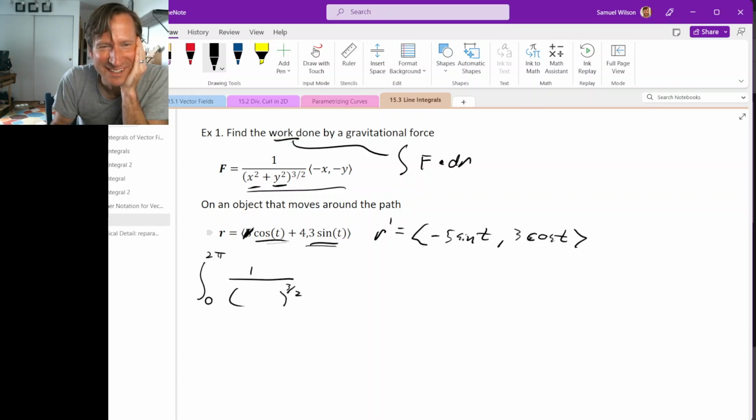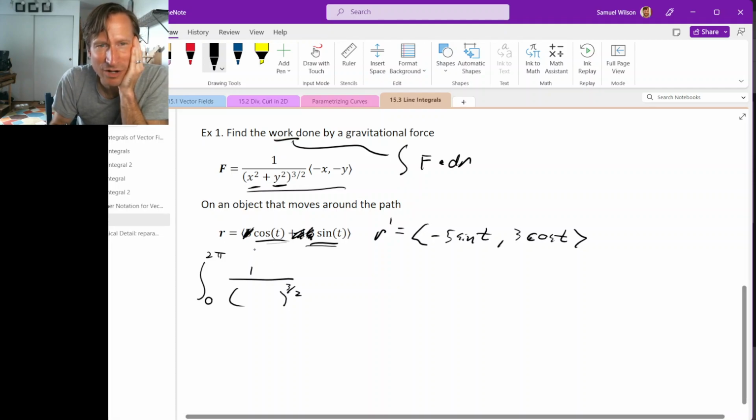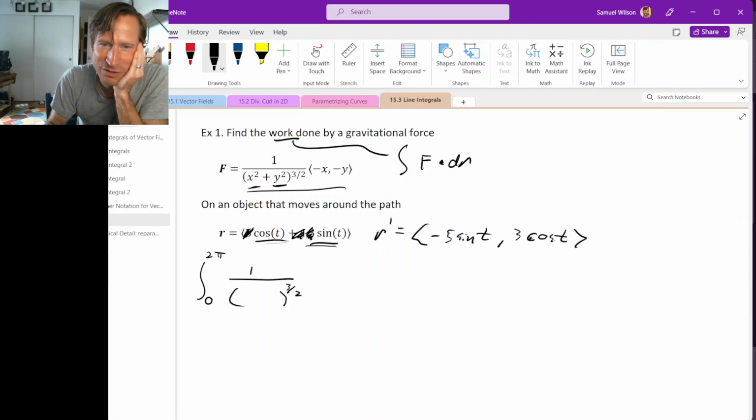So I'm going to scratch out this stuff. Our curve is just going to be a circle around the origin. So that means that this 5 is gone, this 3 is gone. Now when we plug in our parametric curve, x squared plus y squared is sine squared plus cosine squared. That's 1.